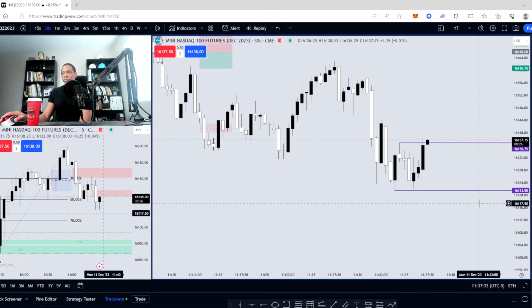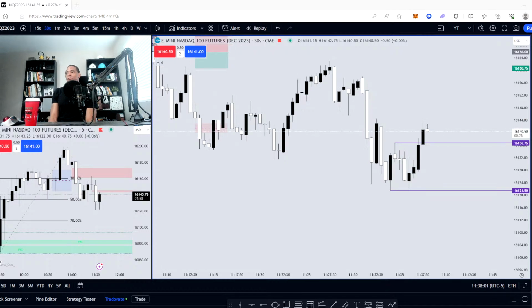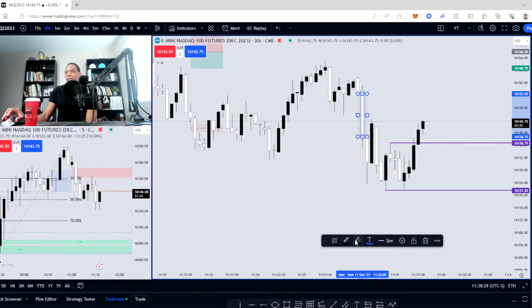If we can get that movement, then we'll look for a short. Go ahead and mark up this area just so.